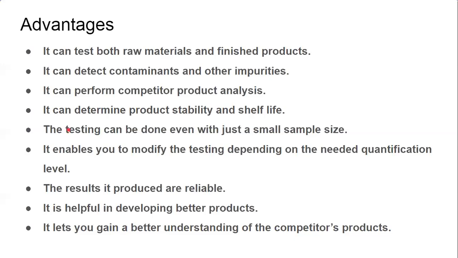Next, testing can be done even with just a small sample size. For analysis, we need a very small quantity of sample. If you recall the injection in the schematic diagram and the instrumentation I told you, it is 0.1 ml.